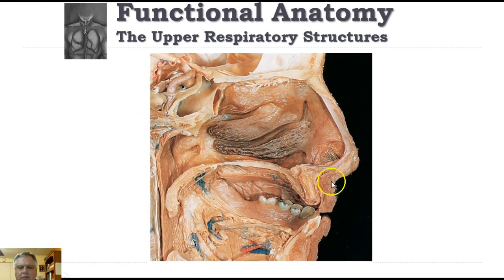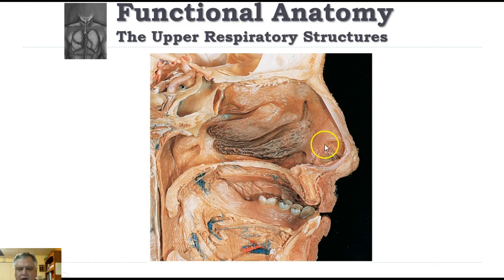So in this diagram, this is a cadaver dissection, sagittal section of the head. And I just wanted to pop this up so you get the sense of what these things are really like in real time, so to say. So down here we would have the nostrils, and then here we can see the flared portion.